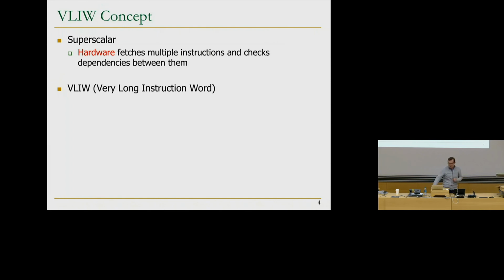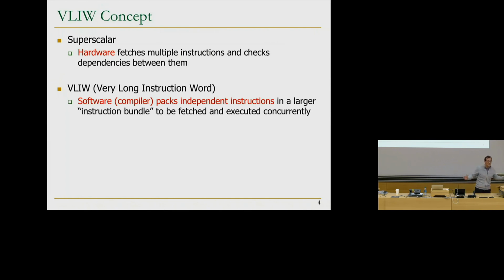VLIW is a similar concept, except it puts the burden on the compiler or the programmer. You can still fetch, decode, execute, and finish multiple instructions per cycle, and you have hardware support for that. But it's the job of the compiler or the software to pack independent instructions in a larger bundle to be fetched and executed concurrently.